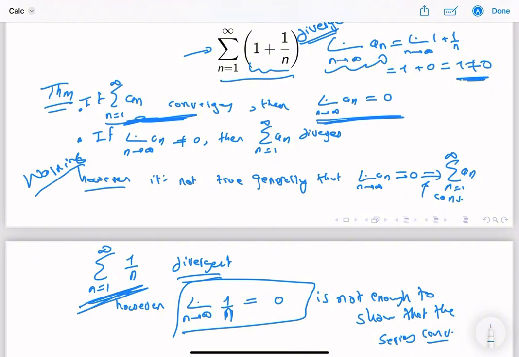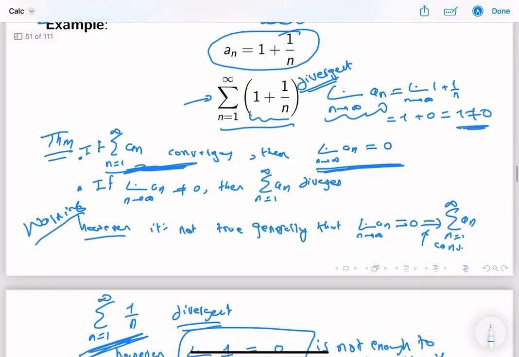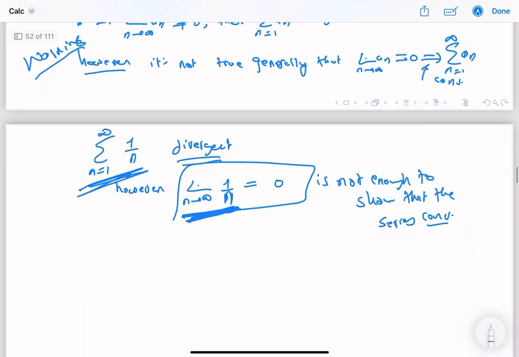We're going to prove this in a coming video. However, you see that the summand does go to 0. So this is not a test of convergence, right? This is something that I wanted to stress.